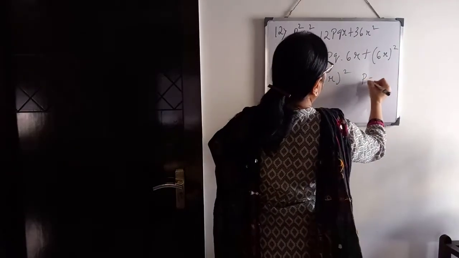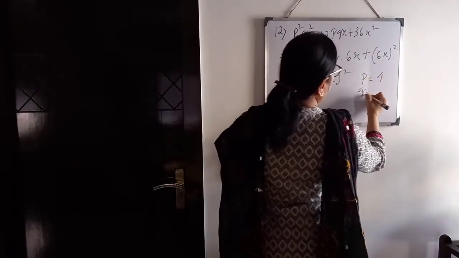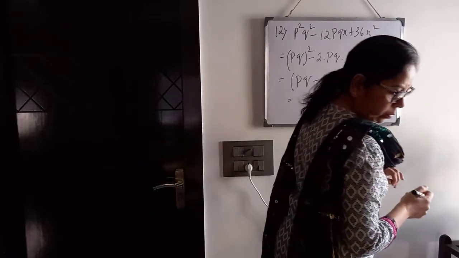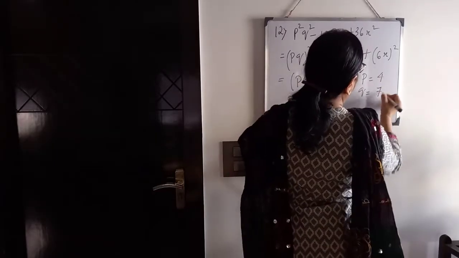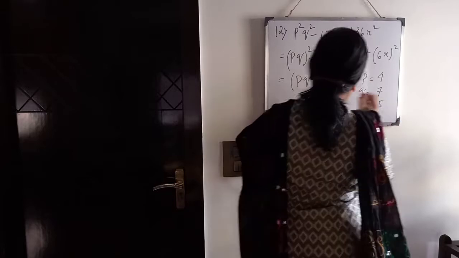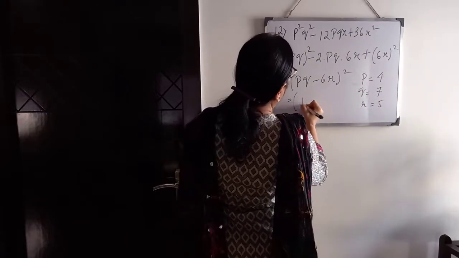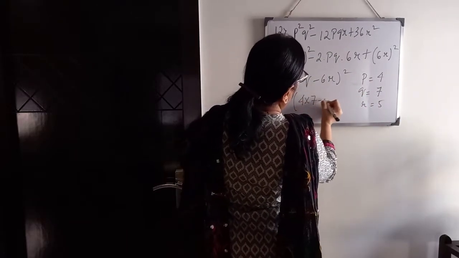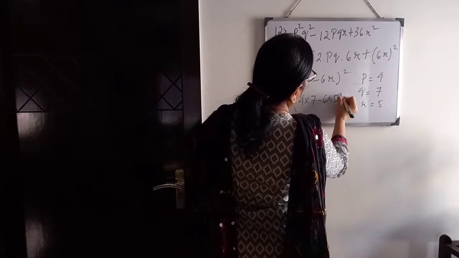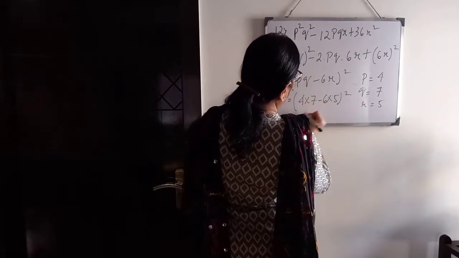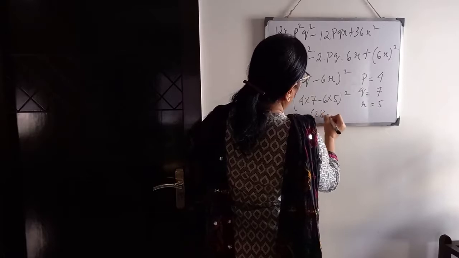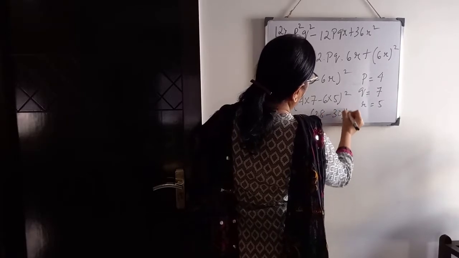p is given 4, q is given 7 and r is 5. So here we will put 4 into 7 minus 6 into 5 whole square. Now 4 into 7 is 28 minus 30 whole square.